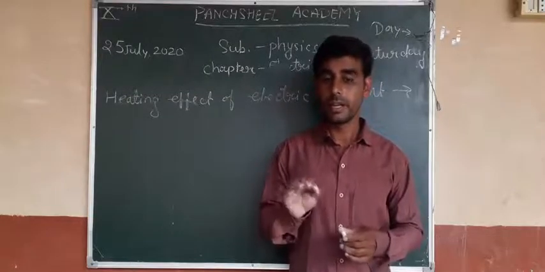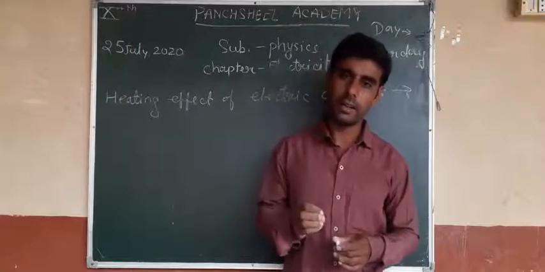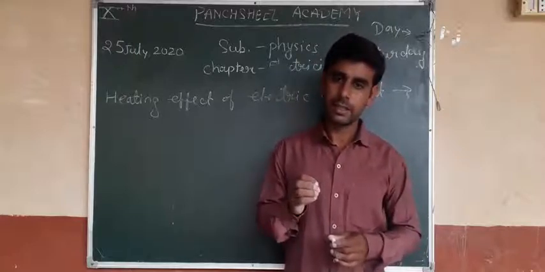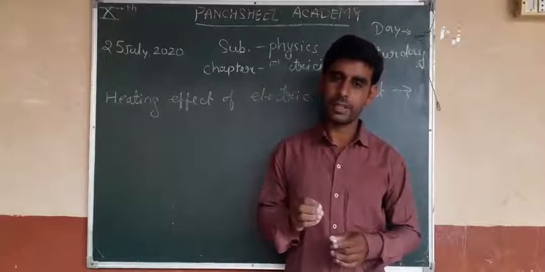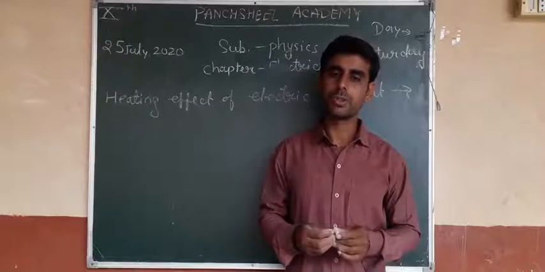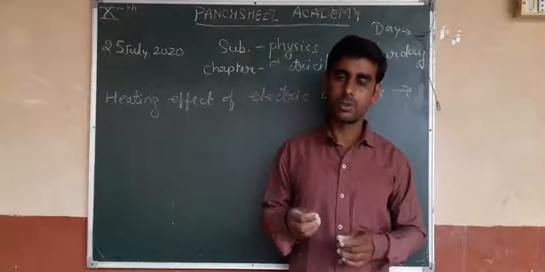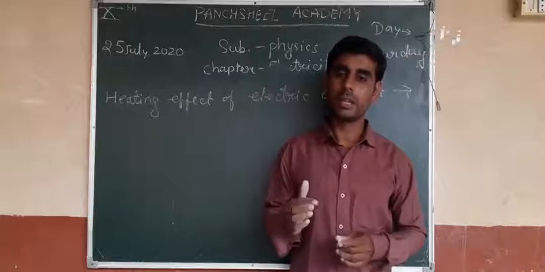This is the heating effect of electric current. If the current flows in any wire that has some resistance, after some time it becomes warm due to heat produced in it.